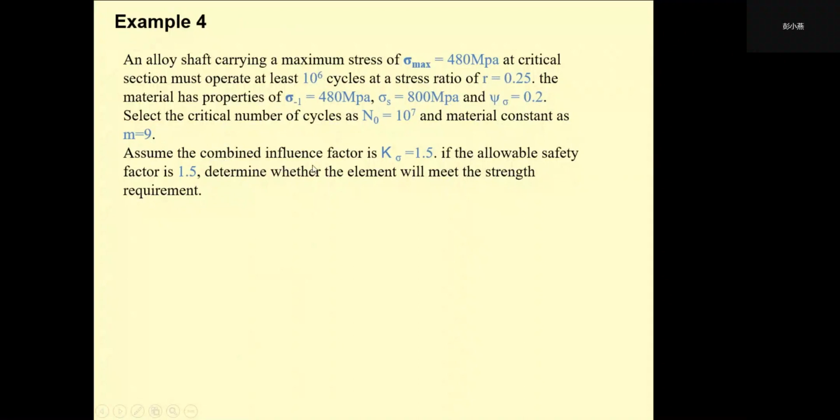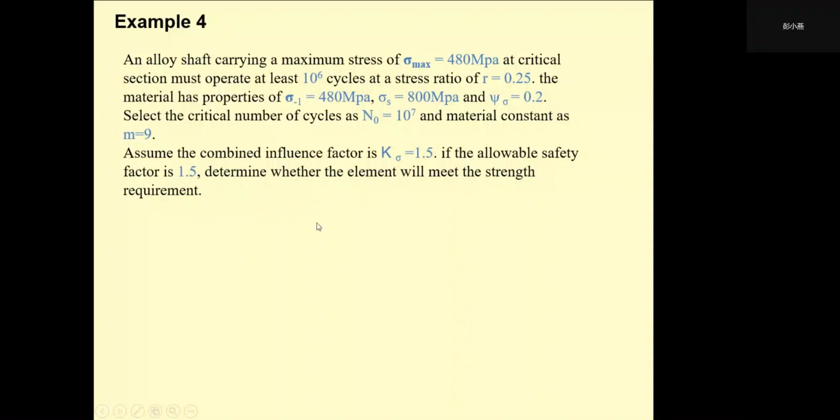Assume the combined influence factor K sigma is 1.5. If the allowable safety factor is 1.5, determine whether the element will meet the strength requirement. It means the calculated safety factor should be larger than the allowable safety factor 1.5.